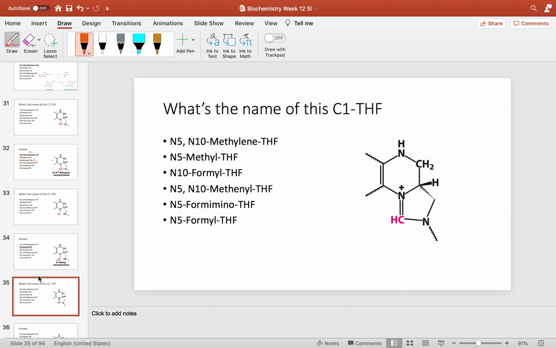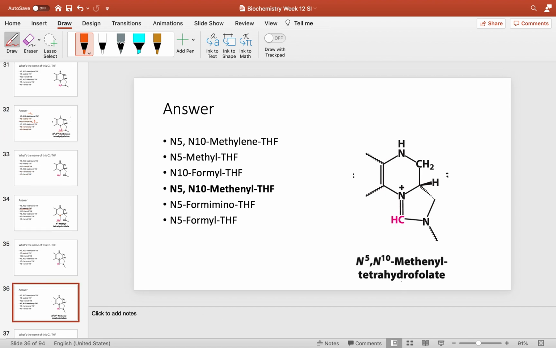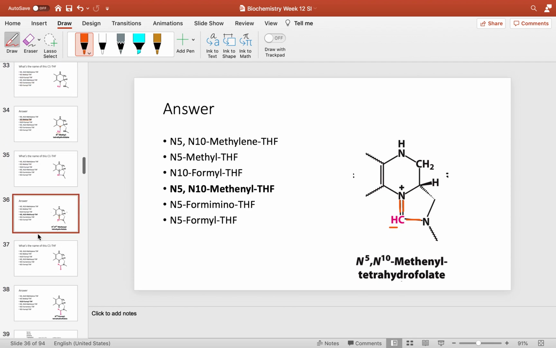Alright, what's the name of this THF form? So in this case, we have carbon with only one hydrogen, a double bond to N5, and a single bond to N10. So this is N5, N10, methanol, THF. So remember, this nomenclature can get a bit tricky, so make sure you guys stay on top of that, okay?